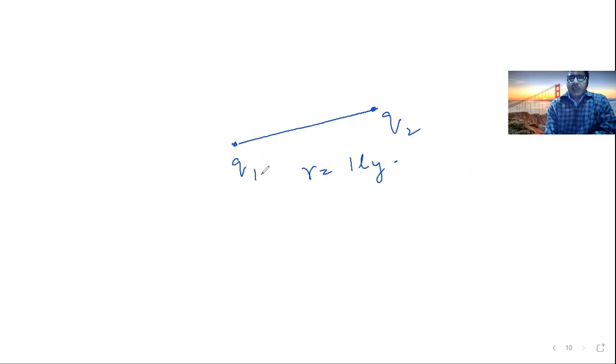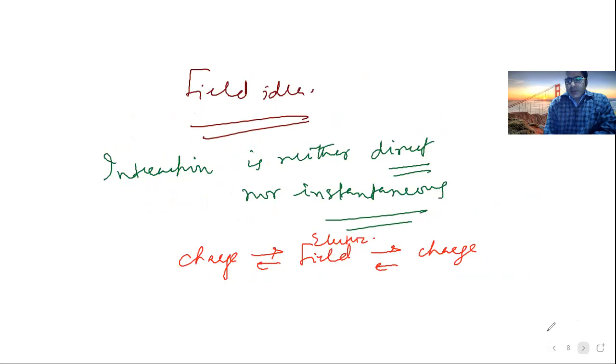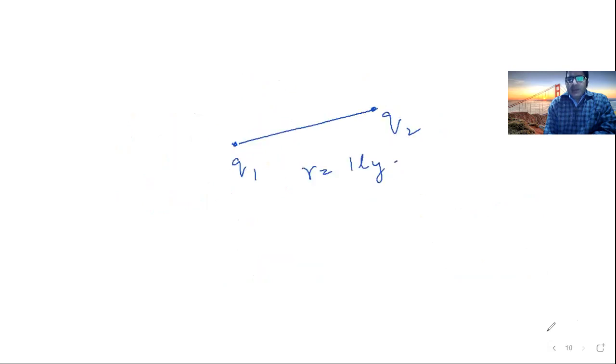So the interaction is neither direct nor instantaneous. This field idea is in compliance with the special theory of relativity. It doesn't contradict it. So this is the modern way of describing the interaction between two charges.